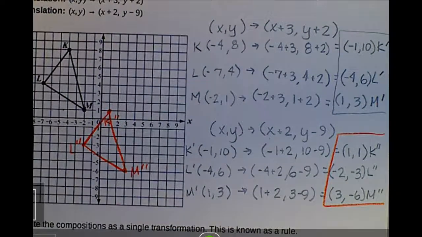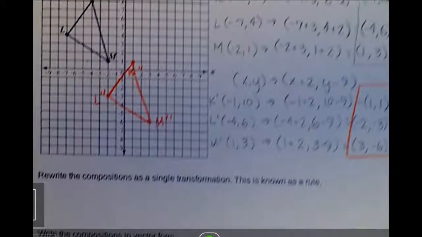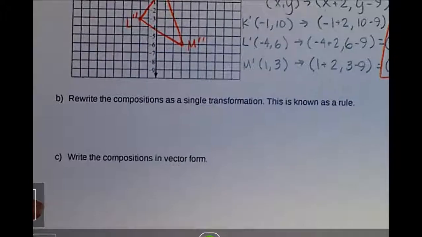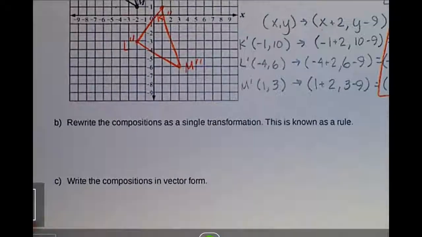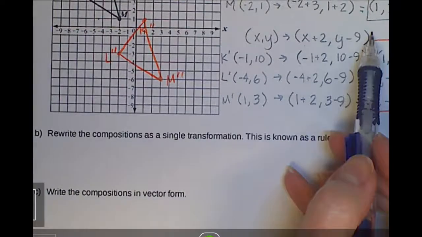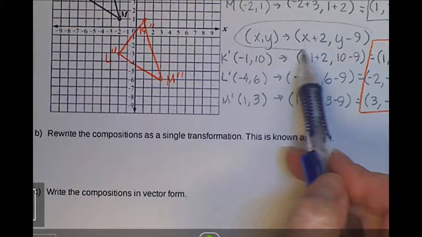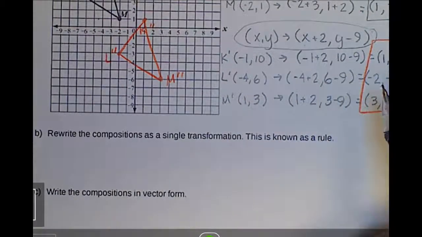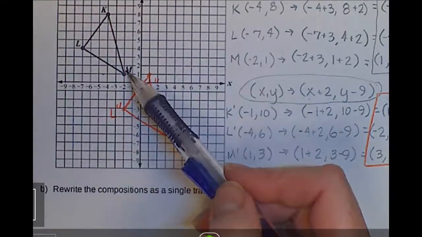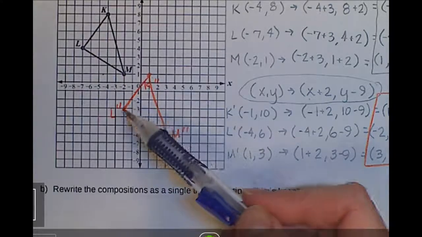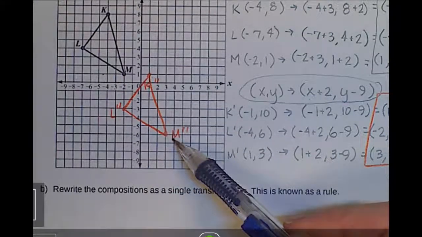That's our final image. We have 2 other parts to this. Part B says to rewrite the composition as a single transformation. This is known as a rule. What we want to do is come up with a single rule that would translate KLM to K double prime, L double prime, M double prime in one single translation.